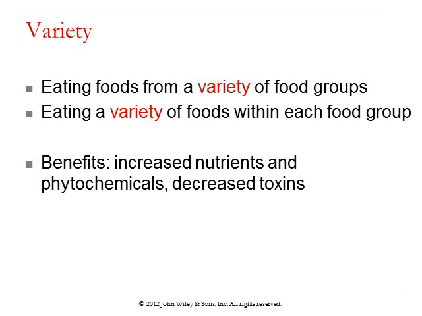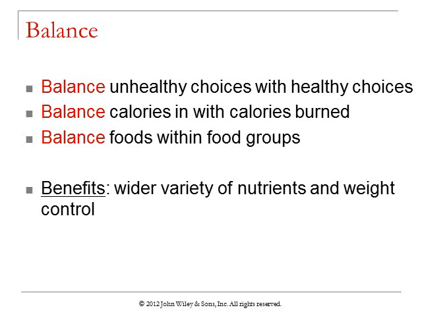So this gives you lots of nutrients. It gives you different types of phytochemicals, and less toxins in your food. So your chances of developing toxicity because you're eating so many of the same thing all the time, you're really not going to reach those toxic levels of nutrients.